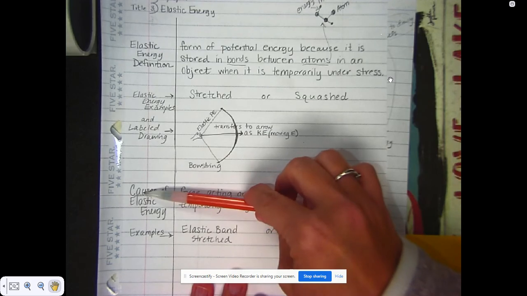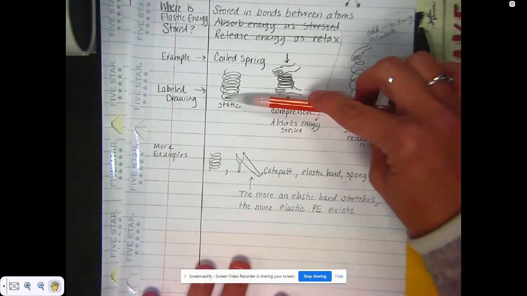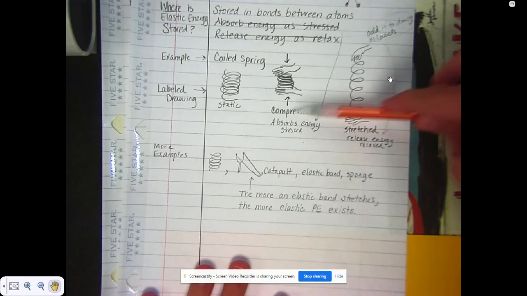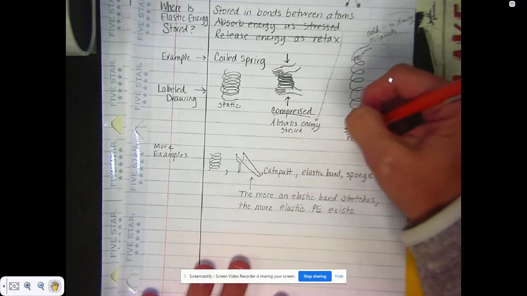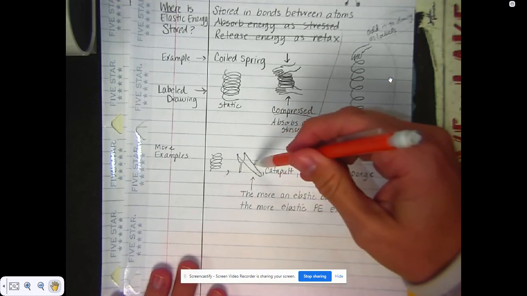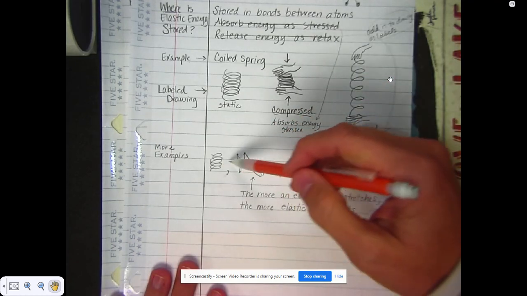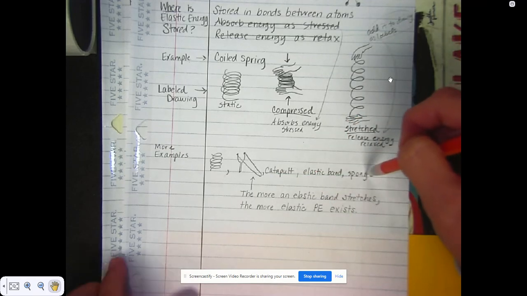I can see a cause. I can see some examples right off the bat. I can see the example of when it's compressed and stretched. Those words just pop off of the page because I gave myself space and I gave myself some other examples. And it's easy to pick out those visuals instead of reading all of that information.